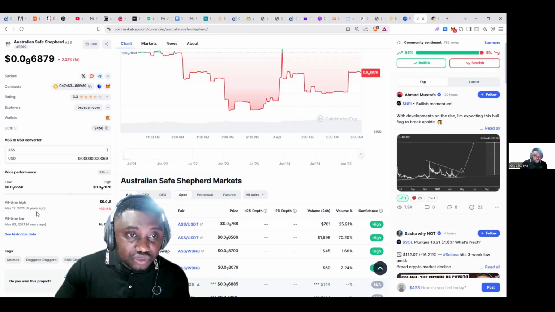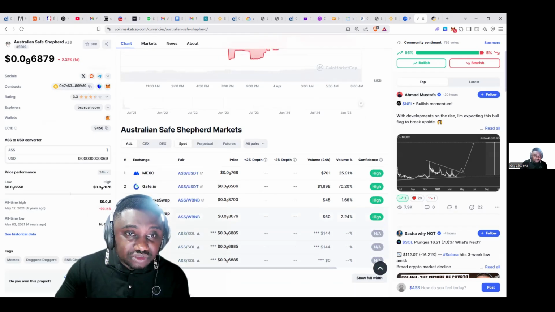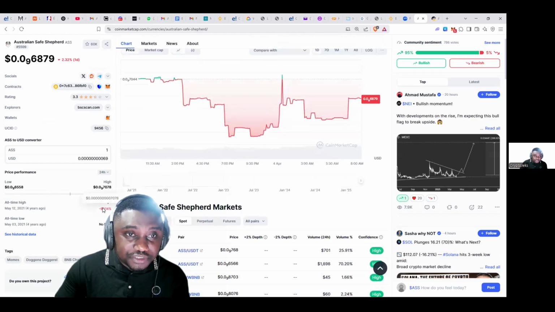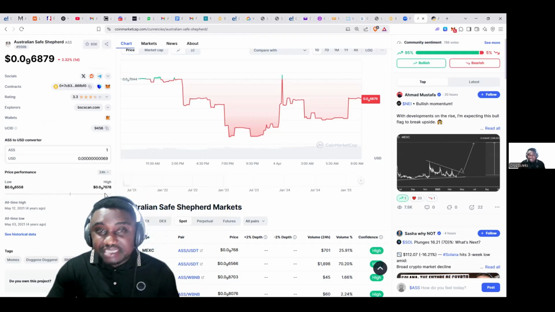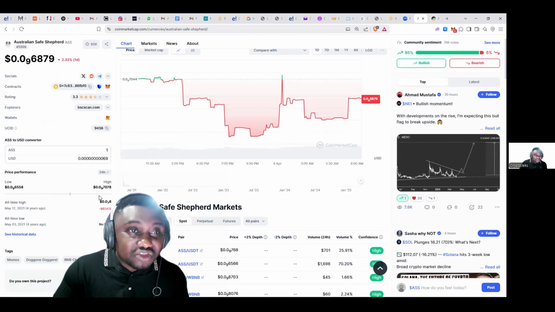So between this all-time high in May 2021 up till today, it has dropped by 99.14%.